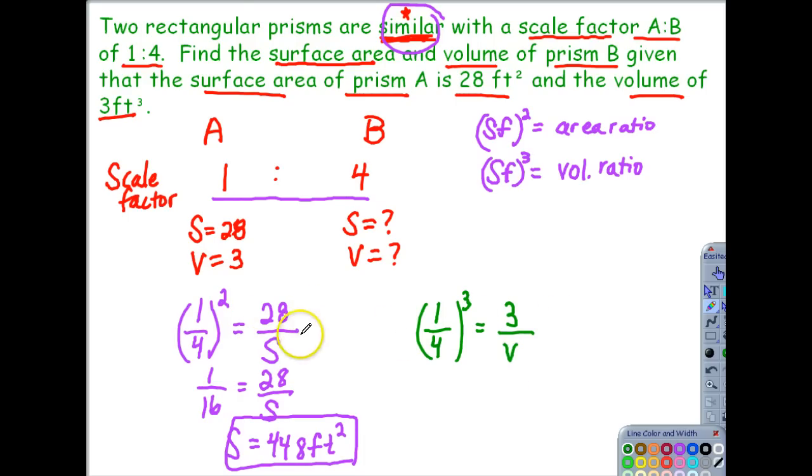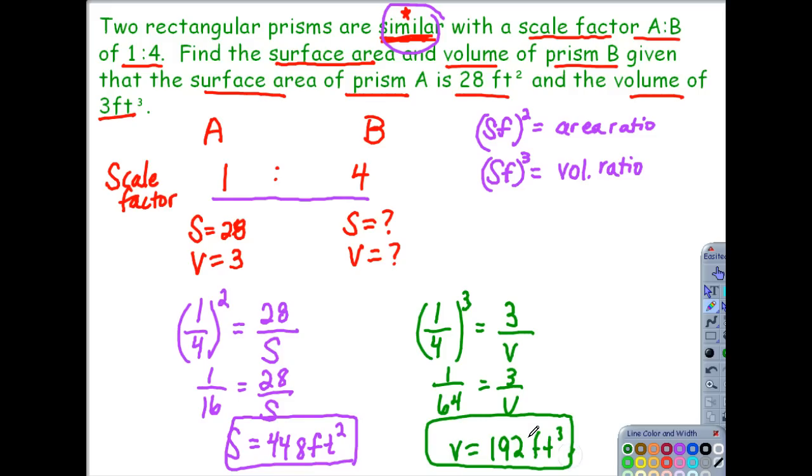I like to use S and V because it shows what I'm finding. So it'd be 1 over 64 equals 3 over V. The volume ends up being 192, and this is feet cubed because we're talking about volume. So guys, solving a proportion, you're good with that. Just remember, squaring or cubing your scale factor or side ratio, depending on what you're talking about, will give you certain things.